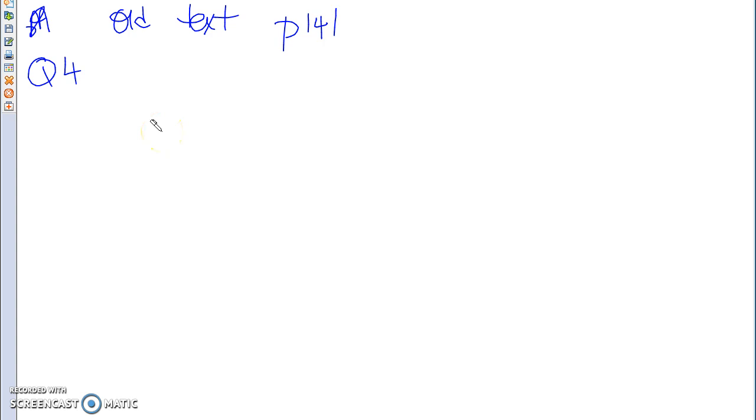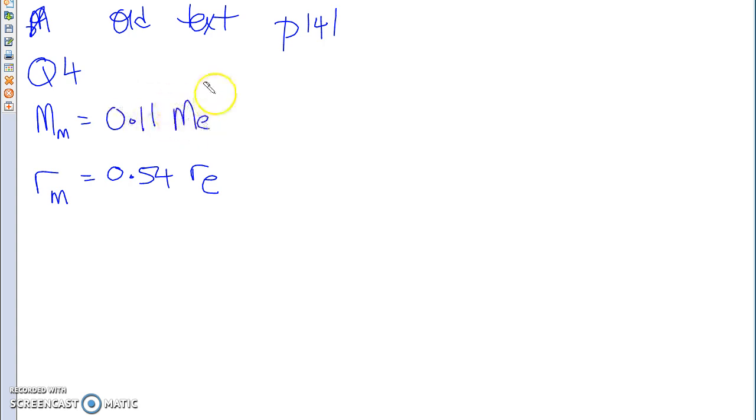It says Mars has a radius and a mass 0.54 and 0.11 times the radius and mass of Earth. So radius of Mars is 0.54 radius of Earth and mass of Mars is 0.11 mass of Earth.